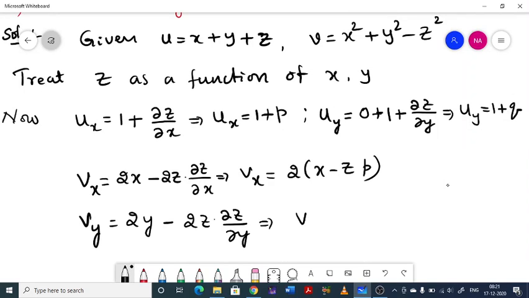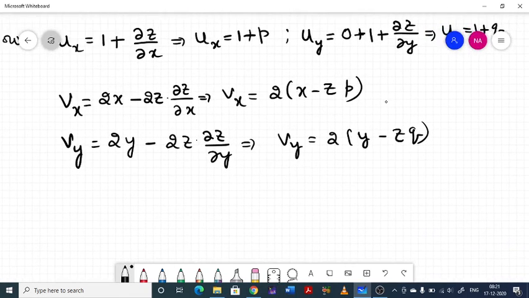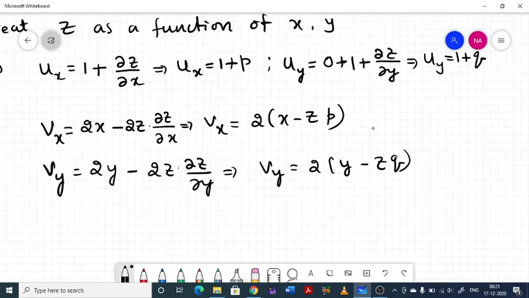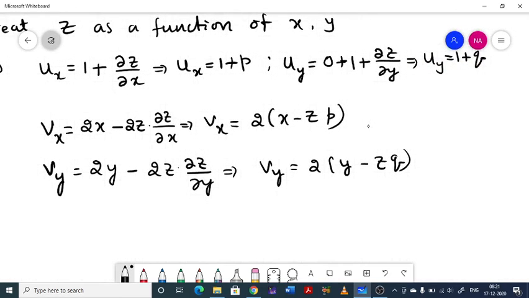That implies vy equal to 2 times of y minus zq. Now we have ux by uy equal to vx by vy. That relation we have to use, right.